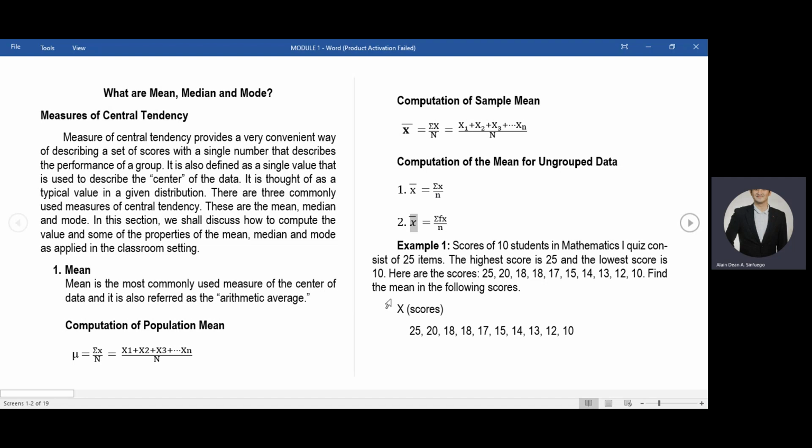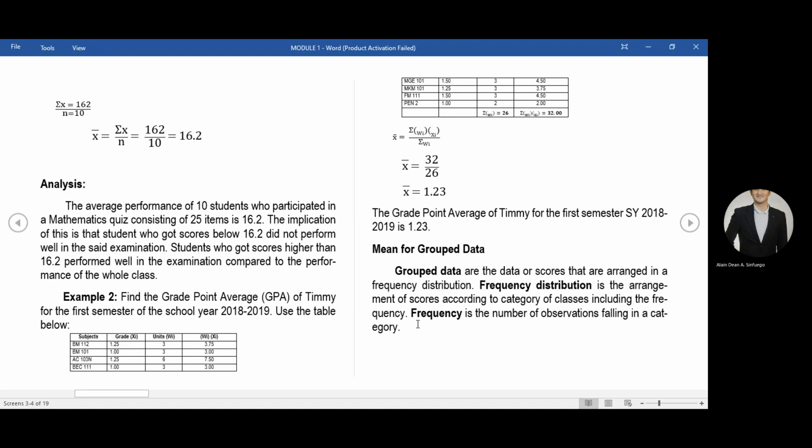Now you can signify that those scores will be your x, or the data values of your data x. So you just add it all up. Okay. Now the summation of x is equal to 162.